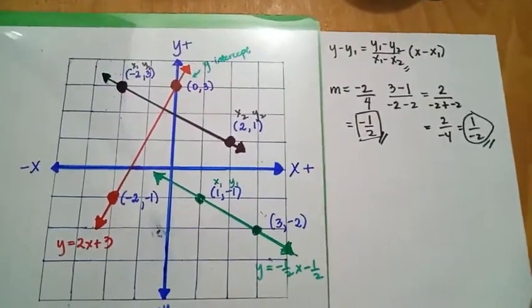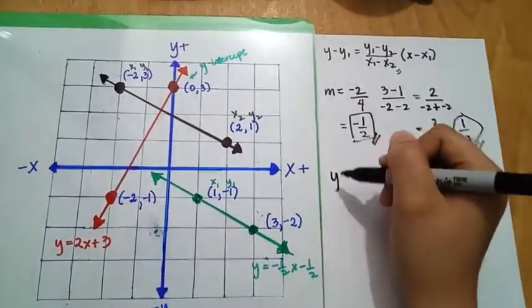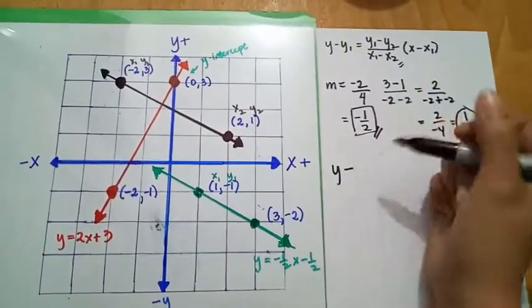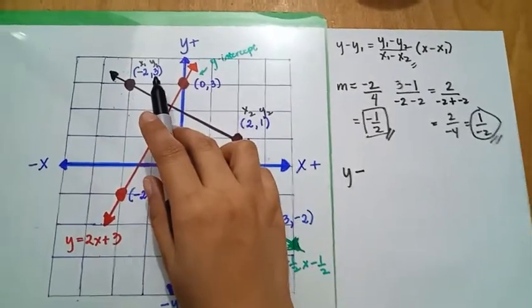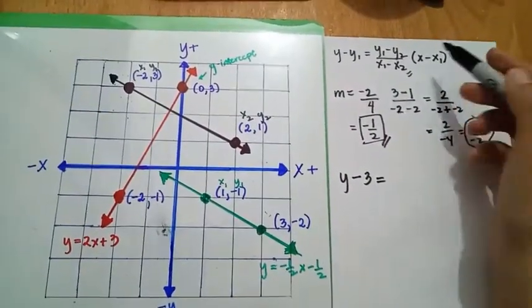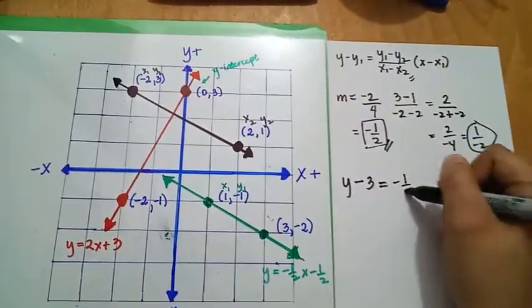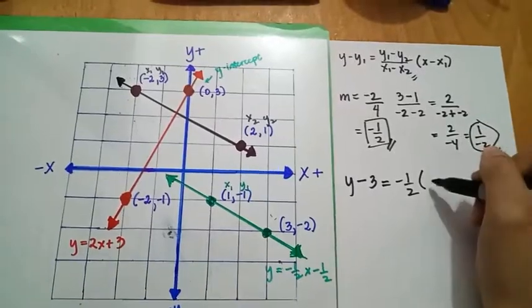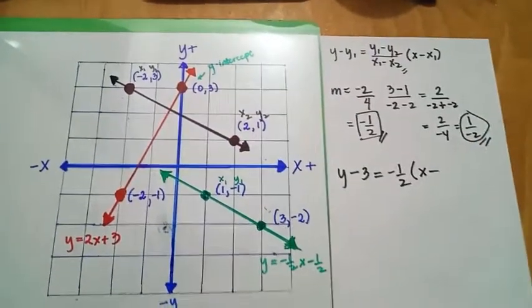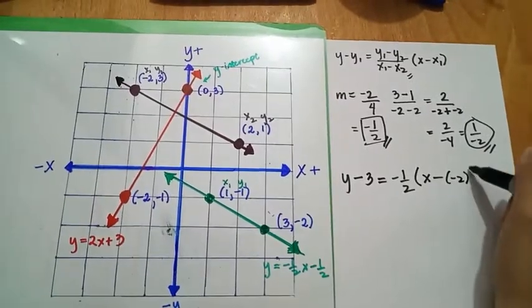Now, we can use yung point slope form. Okay? So, for the point slope form, we have y minus y sub 1 on our black line is 3 equals the slope that we have computed earlier is -1/2 times x minus our x sub 1 here is -2.